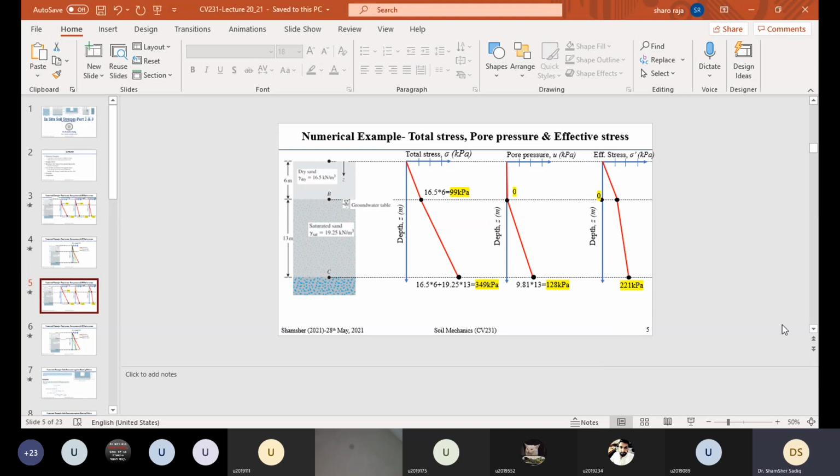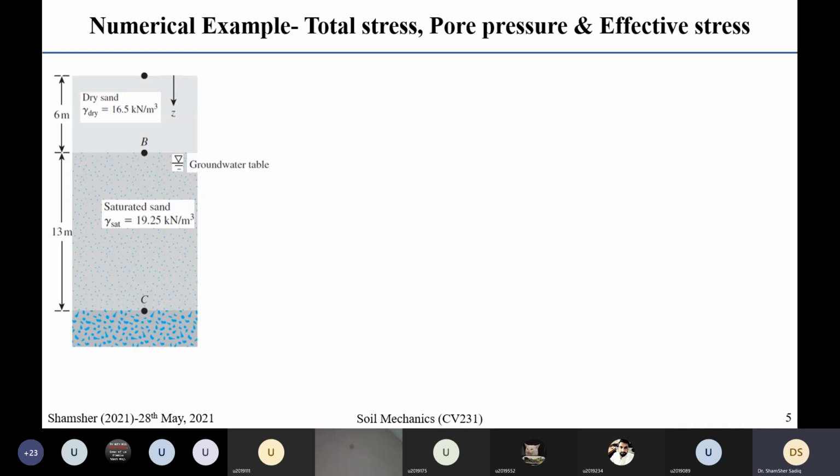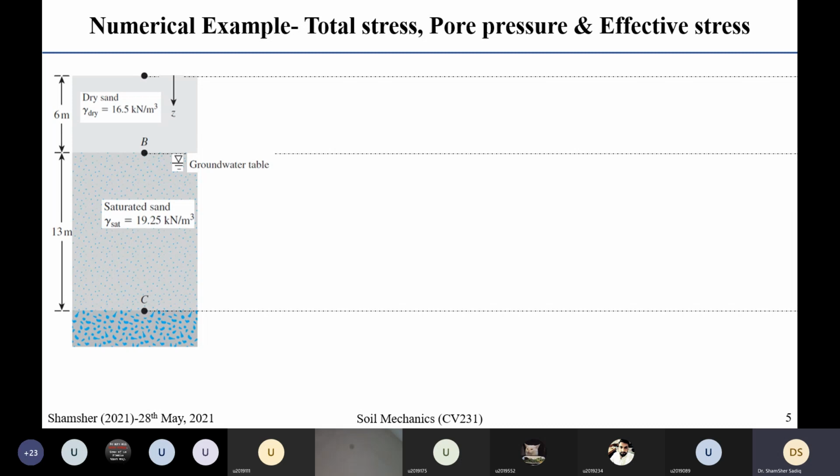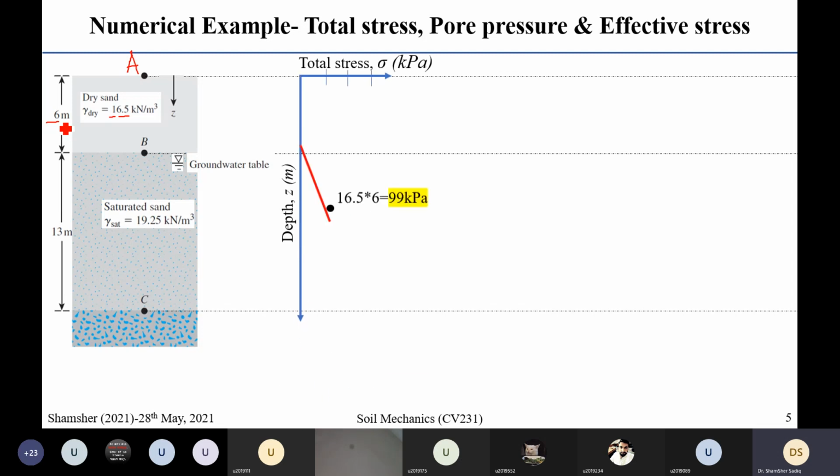Okay. Is it clear now? Yes sir. Okay, so at point B, you have a stress due to this overburden of the sand, and that you will calculate: 16.5 times 6 will be the total stress at point B. Then at point C, you have saturated sand.